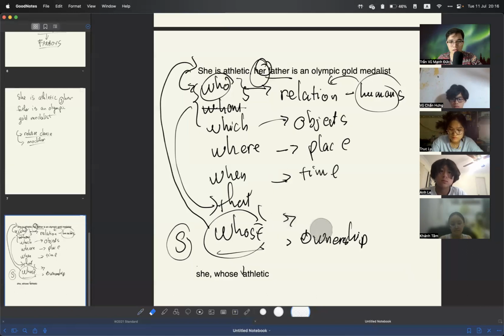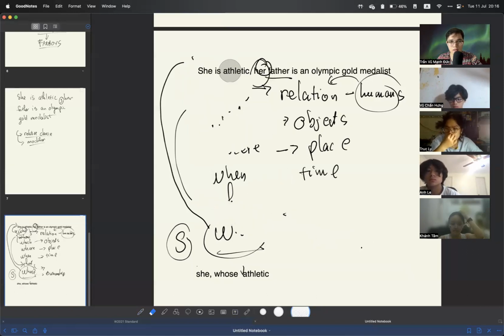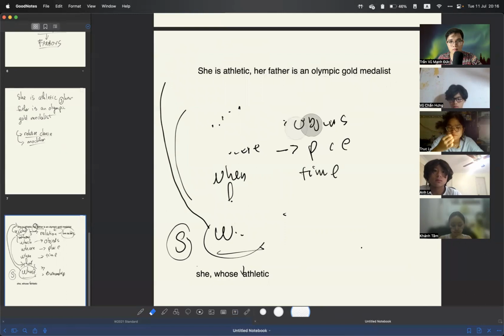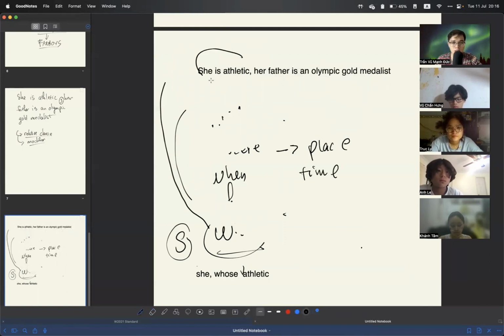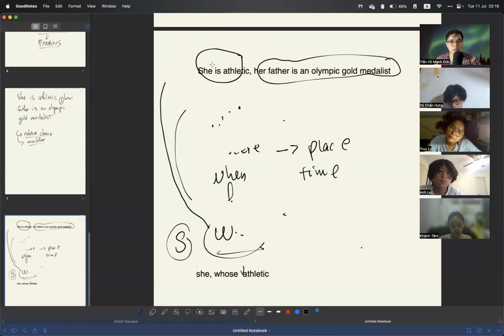I'm going to erase all of this. So she is athletic. This is one sentence. Her father is an Olympic gold medalist. This is another sentence. This is a subject, this is a verb. This is the subject, this is a verb. This is a run-on. It's not correct.